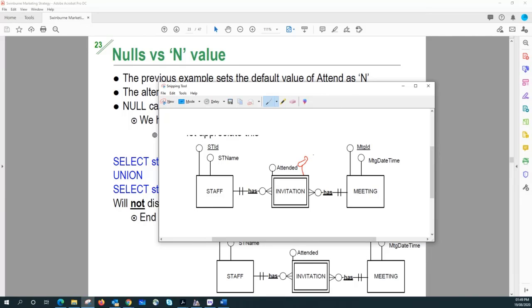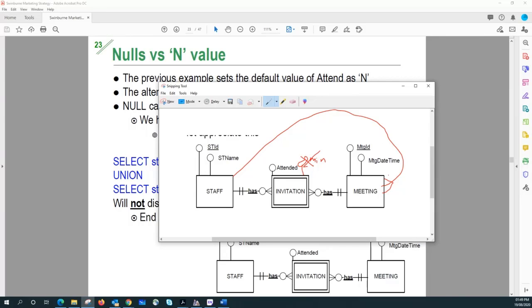Sometimes people may think, why don't we add an attribute like minute taker? You can do that, but without doing that, we can have another relationship between this and here, one to many. We put this ID here as the foreign key.